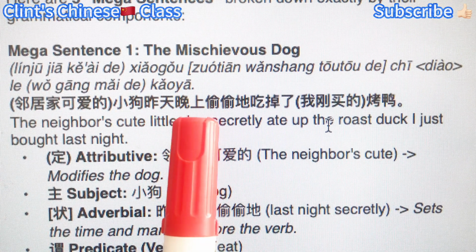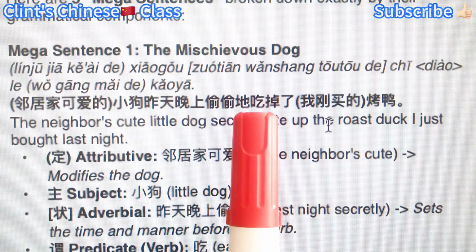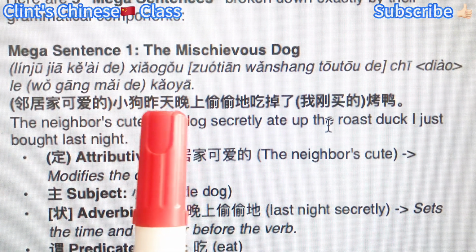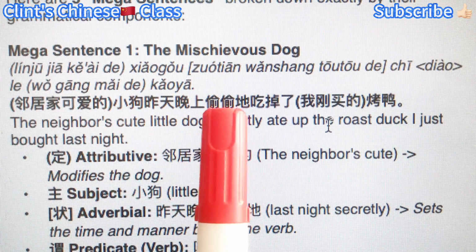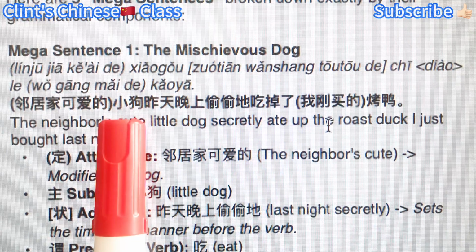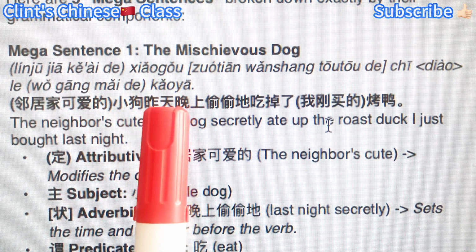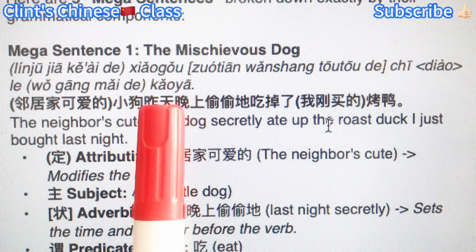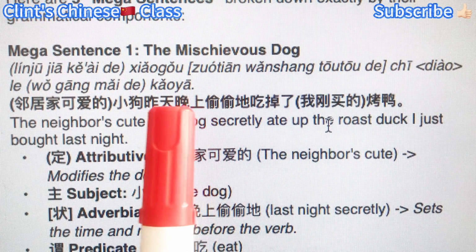And then we have the verb 吃, right? 吃, eat, right? But before the verb, we always place the adverb or adverbial here. And this adverbial is a long phrase as well. It includes several adverbs actually. So this is subject 小狗, and then 昨天 yesterday, 晚上 evening, 昨天晚上.